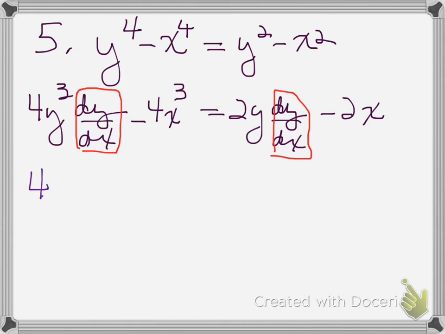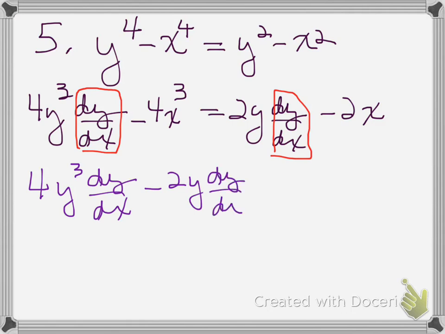To do that, I'm going to say 4y cubed dy/dx minus 2y dy/dx equaled 4x cubed is now positive minus 2x. Factoring, greatest common factor factoring, but actually not really. I just want to take out my dy/dx.